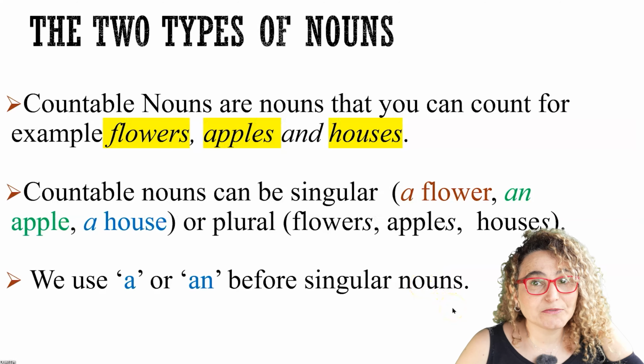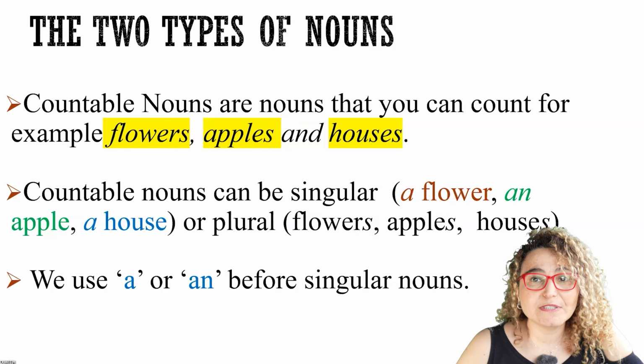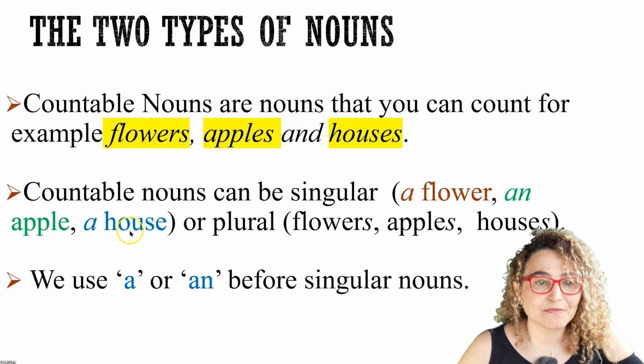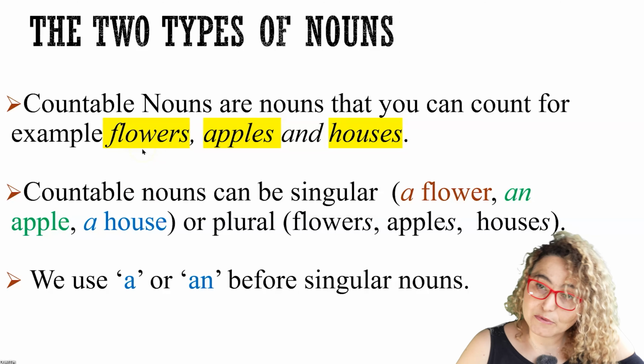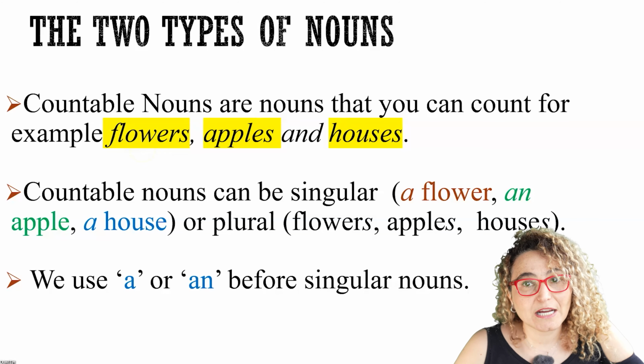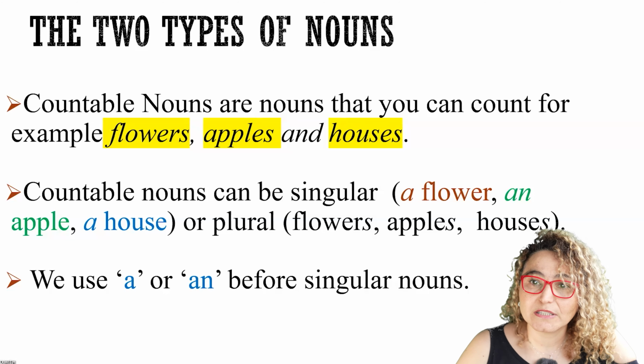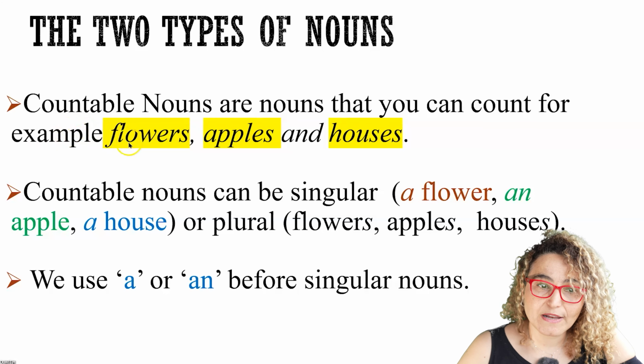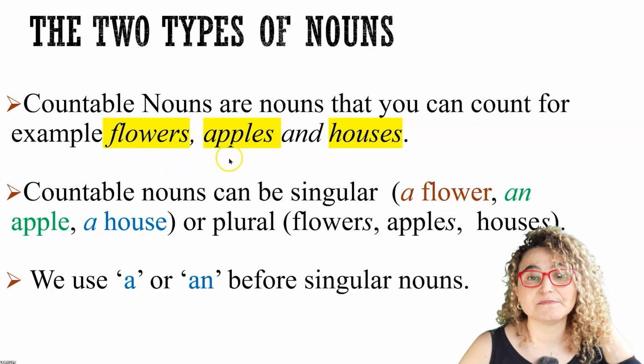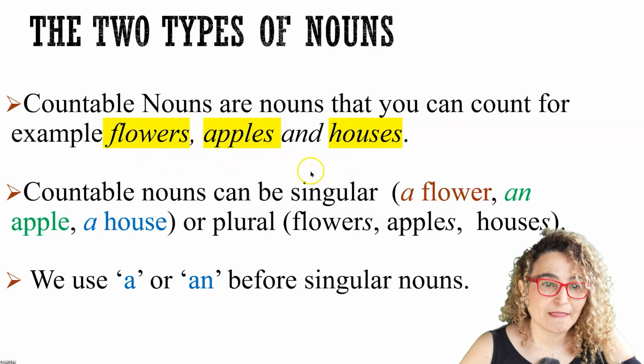There are two types of noun as we know, and I'm sure in every single language nouns exist. There are the countable nouns, and the idea to think about countable nouns is to go 1, 2, 3, 4. Can we count it? For example, flowers, apples, houses.